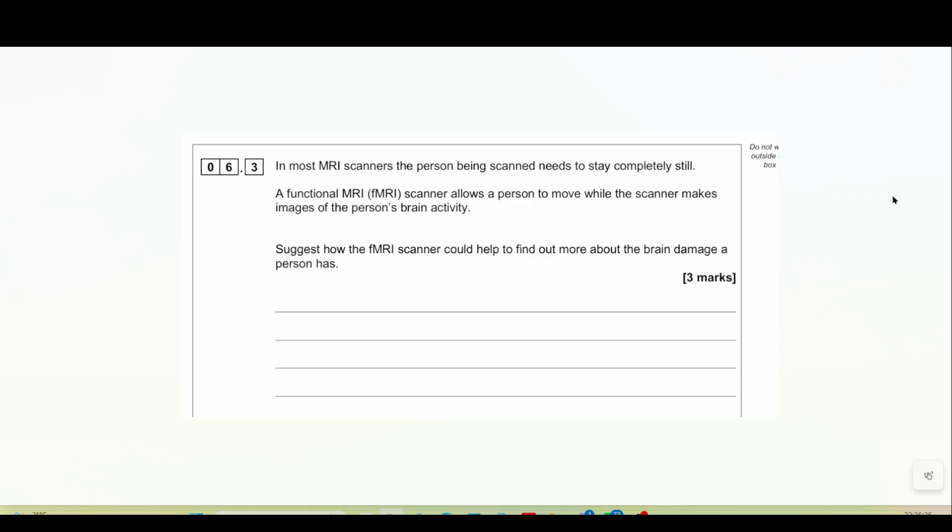You can compare this to a person without brain damage to identify where the damage is.